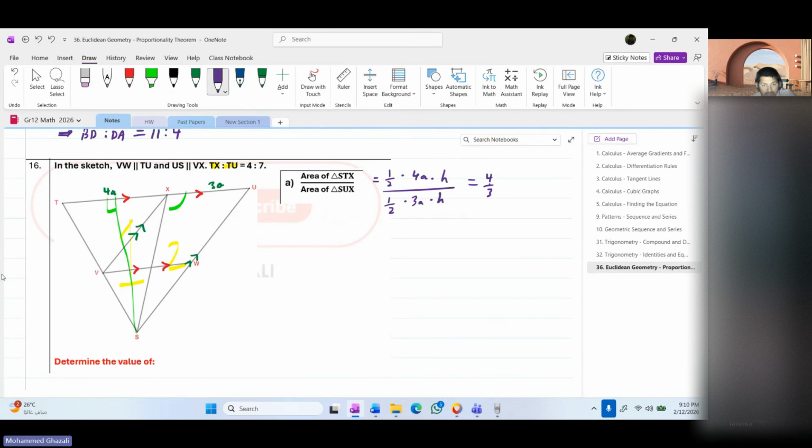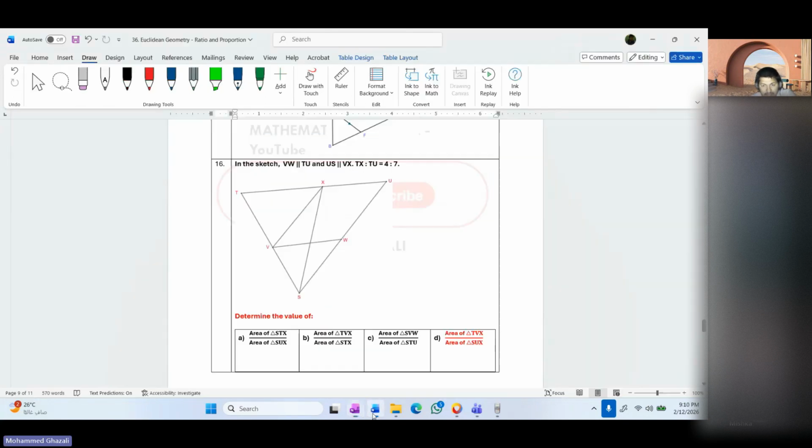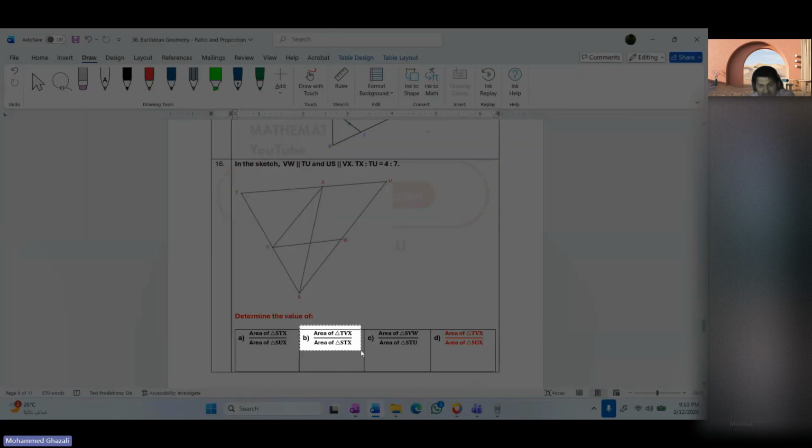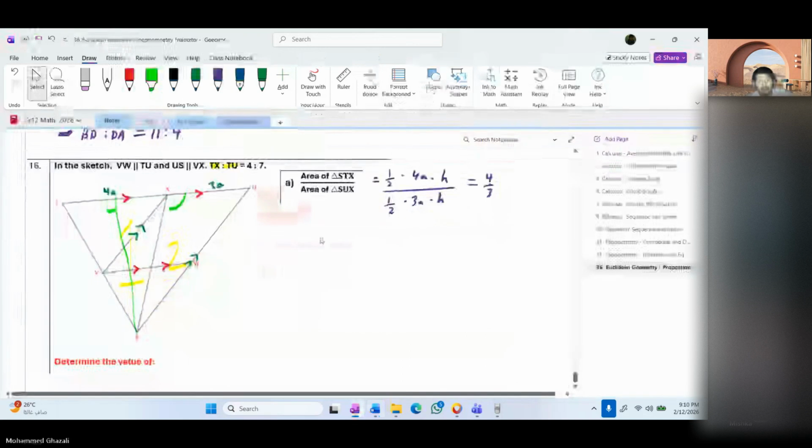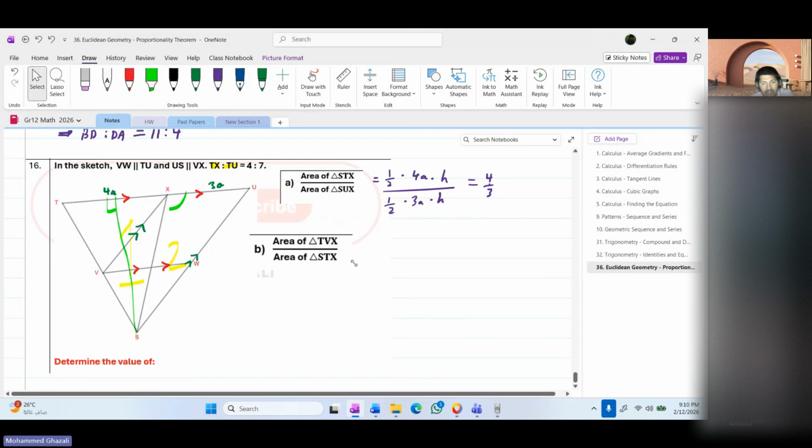Now, what's part B? Guys, we have done this before, right? Just revising now. You just have to keep on solving problems to master the concepts. And you can see you either get a common height or a common angle. That's it. Let's look at the next one.